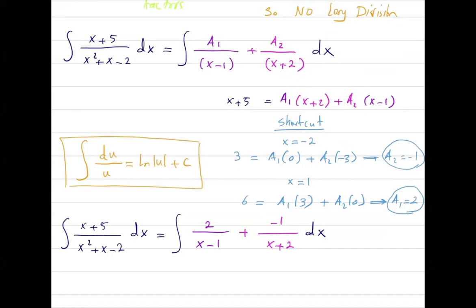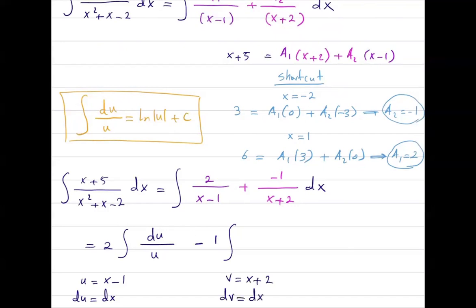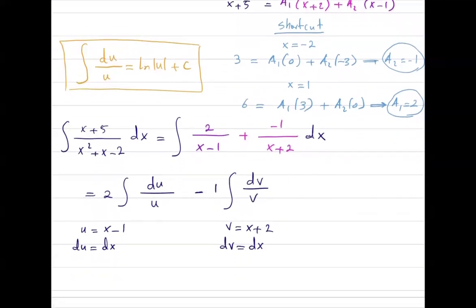So the very first integral is 2 times the integral of du divided by u, when you take u to be x minus 1, du is dx. And you can write -1 in front of the second one. Here you can use v: v is equal to x plus 2, dv is equal to dx, and you get dv divided by v.